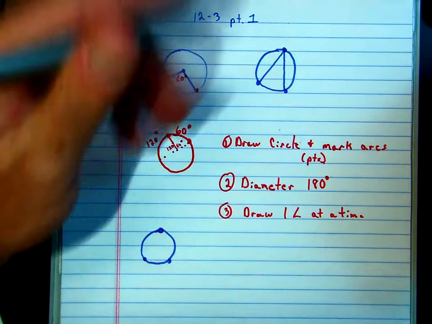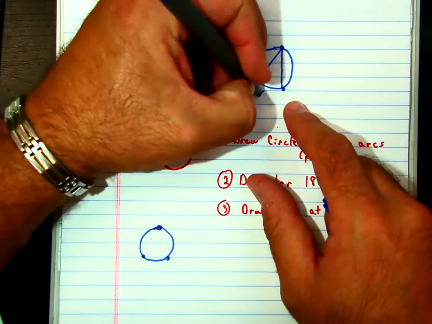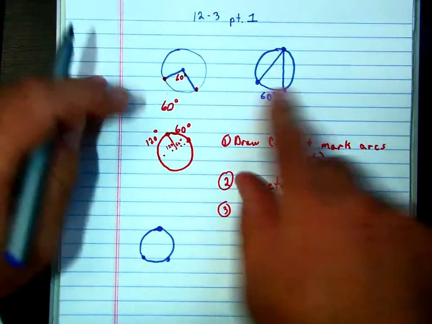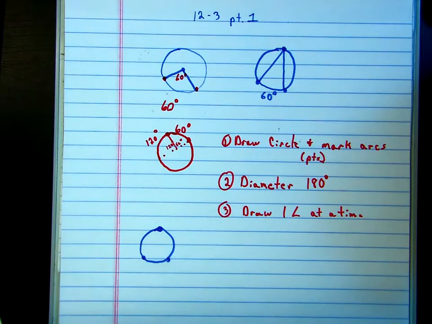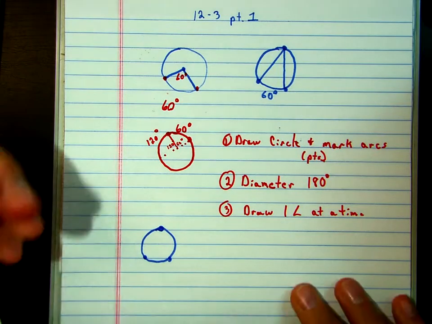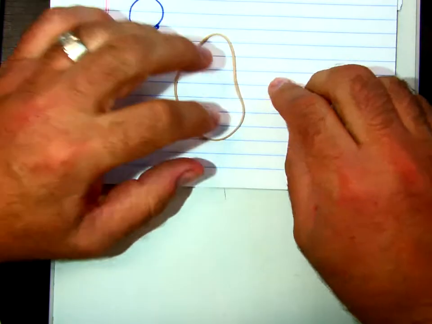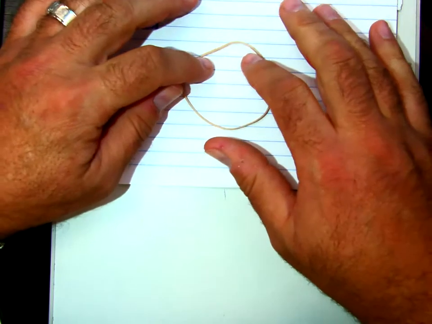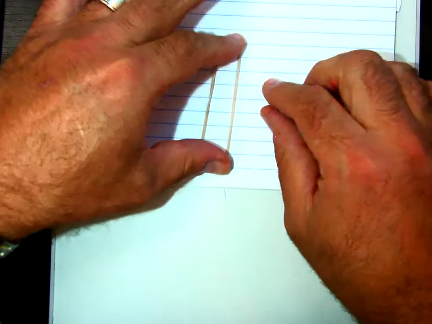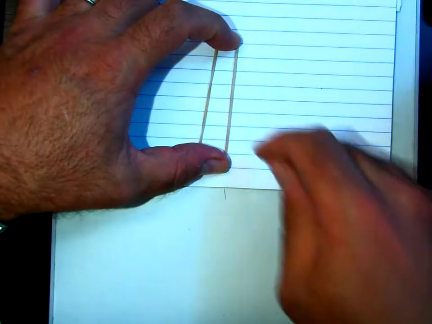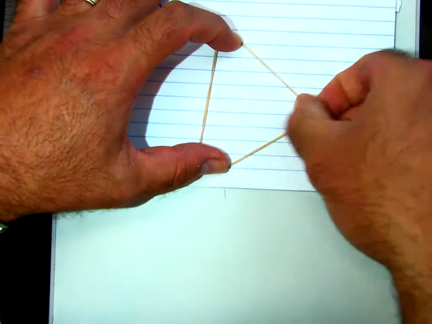All right, so this arc is still 60 degrees. Okay, I'm matching it with this picture. I'm going to use a rubber band to explain this. Okay, so if you look at this, we'll say that this is my angle.